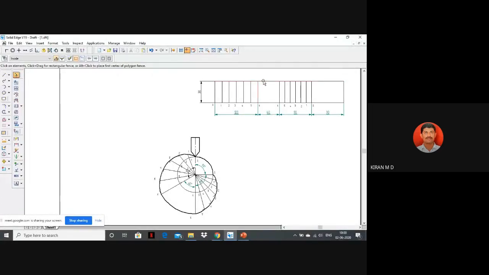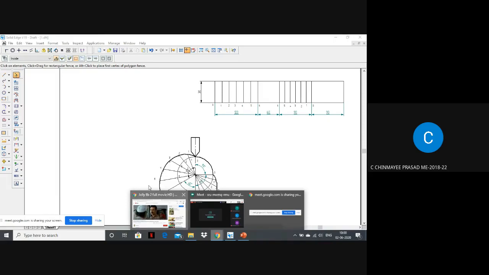This is dwell. Then again it comes down, then it stays here only. As you can observe in the cam profile I drew, lift takes place, it stays at the same height, then it comes down, then stays at the same height. Have you got the idea? Okay, sir. Got it.